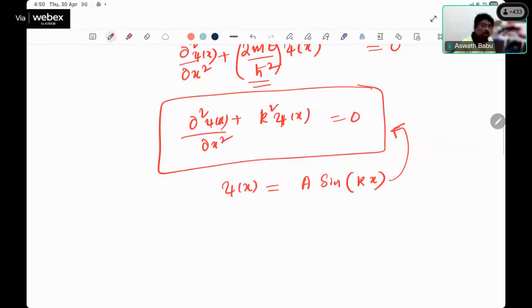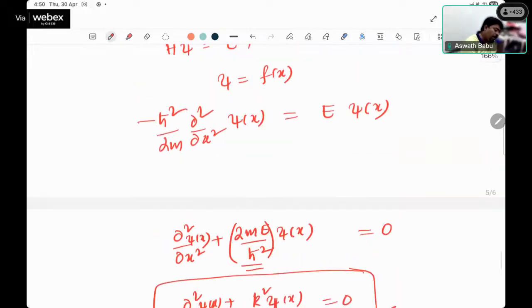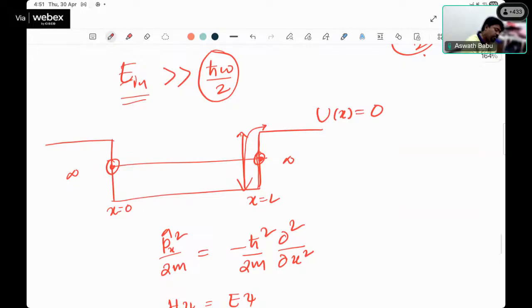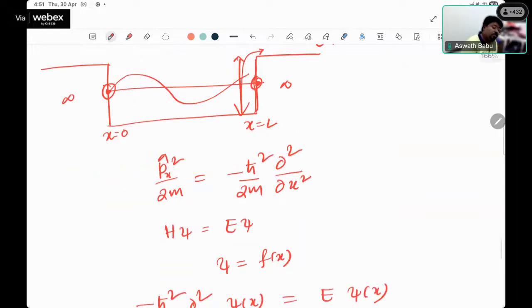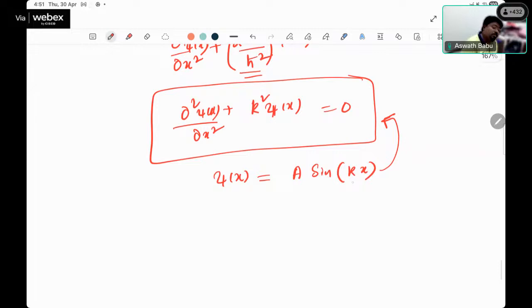So what is this telling? It is a sinusoidal function which satisfies this differential equation, which means if I keep my particle inside such a zero potential, it is going to create a wave disturbance inside. That wave is going to have a propagation vector k, which is the square root of 2mE by h bar squared.